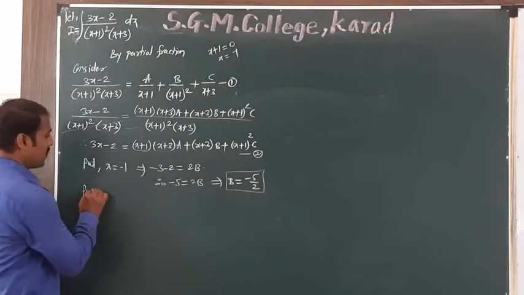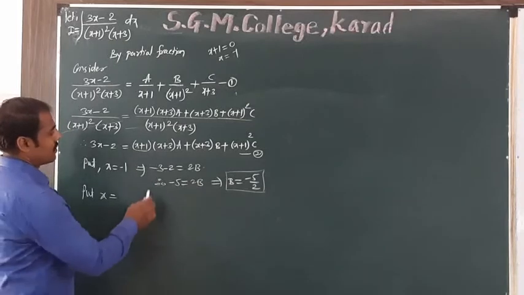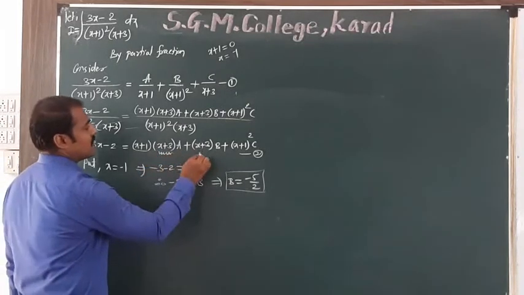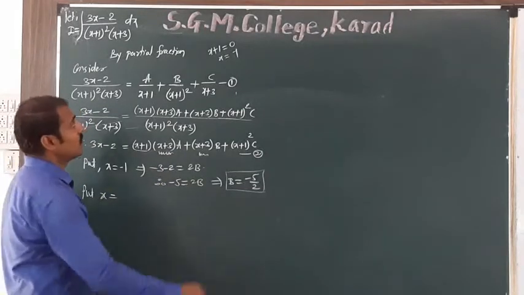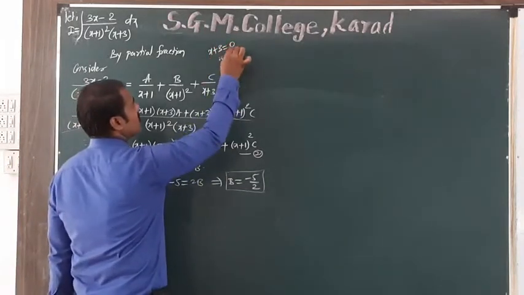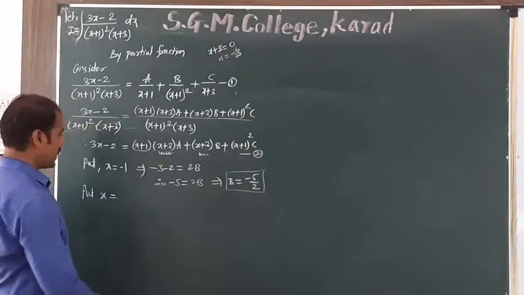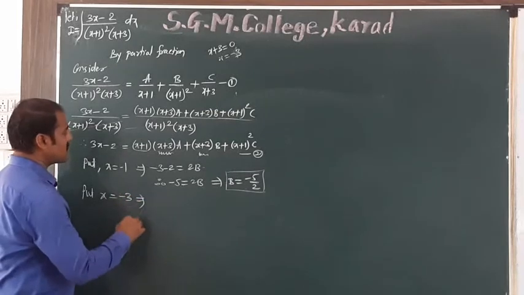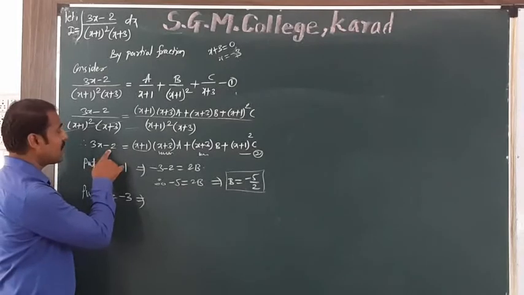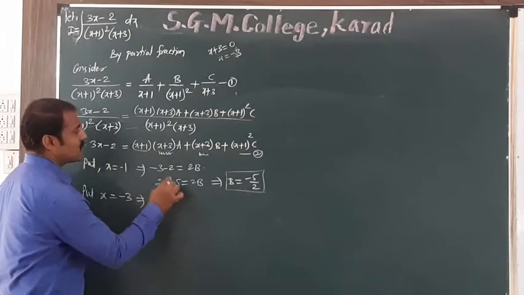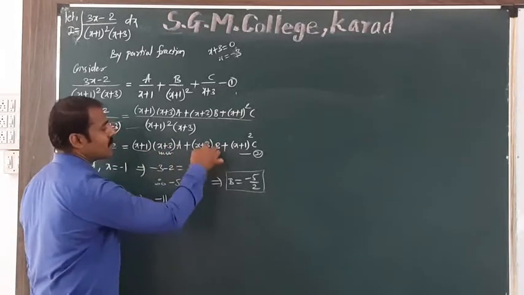Now put x equal to... take another common factor. Here the common factor is x plus 3 in these two terms. So make that common factor 0. x plus 3 is equal to 0. It means that x is equal to minus 3. Put x equal to minus 3. When we put x equal to minus 3, 3 into minus 3, minus 9 minus 2, it's minus 11, is equal to minus 3 plus 3, 0, that term is 0, minus 3 plus 3, that term is also 0.